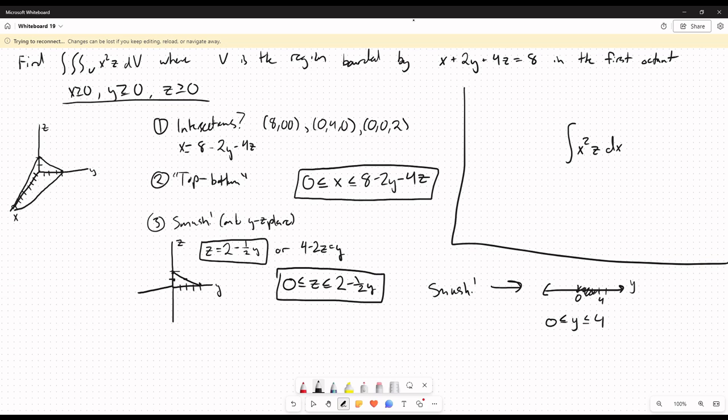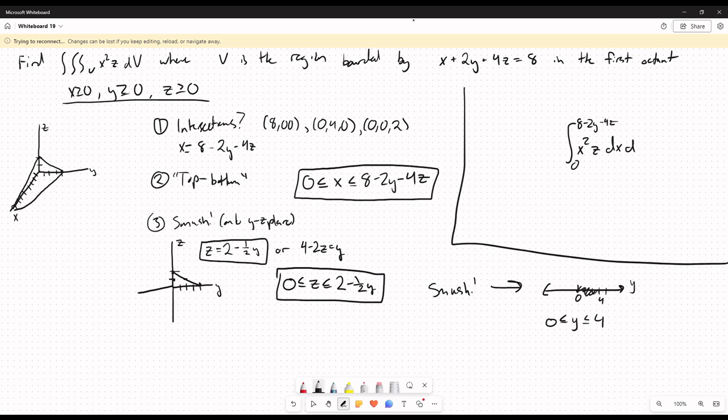We made mistakes, and that's okay. So you'd have x squared z going from 0 to 8 minus 2y minus 4z. Actually, we just chose all the worst options. We waited until the very end to integrate with respect to y. So I'll leave it up to you to do this better. Maybe that'll be the problem.